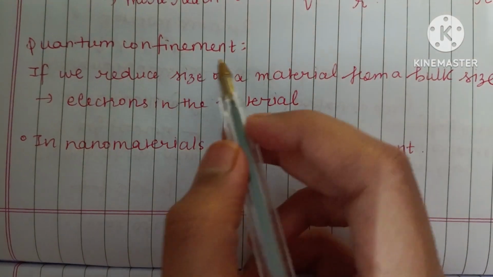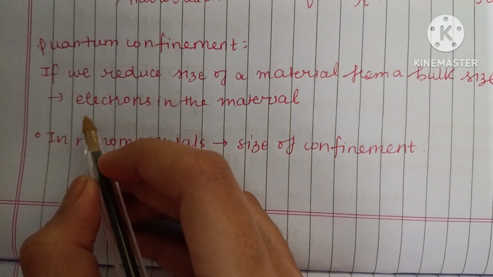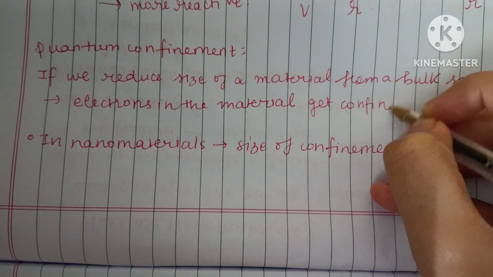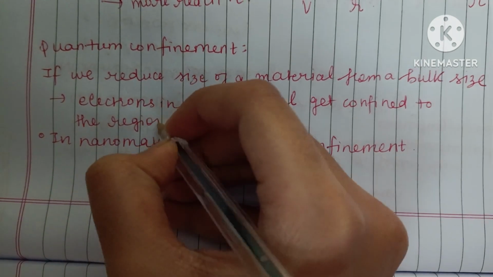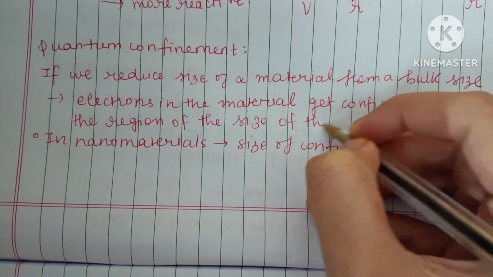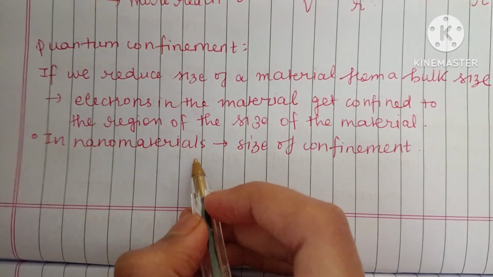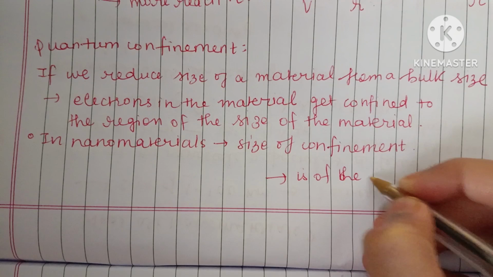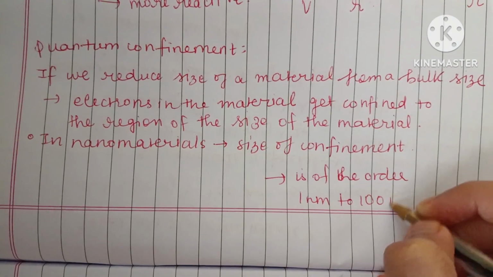Now let us look at quantum confinement. If we reduce the size of a material from the bulk size, then the electrons in the material get confined to the region of the size of the material. So in nanomaterials, the size of confinement is of the order 1 nanometer to 100 nanometers.